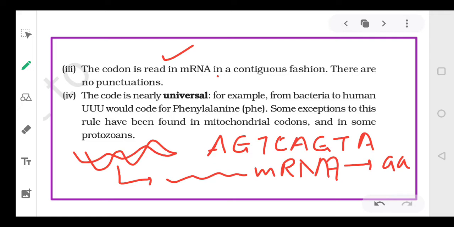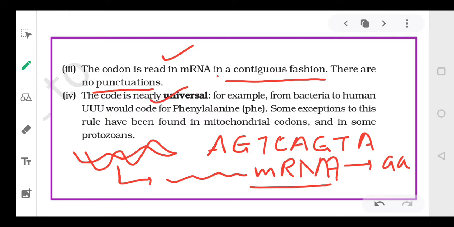There is no gap here. So in mRNA, these bases are attached continuously. There are no commas, no punctuations in between. These bases are arranged in continuous fashion. Right, everyone?